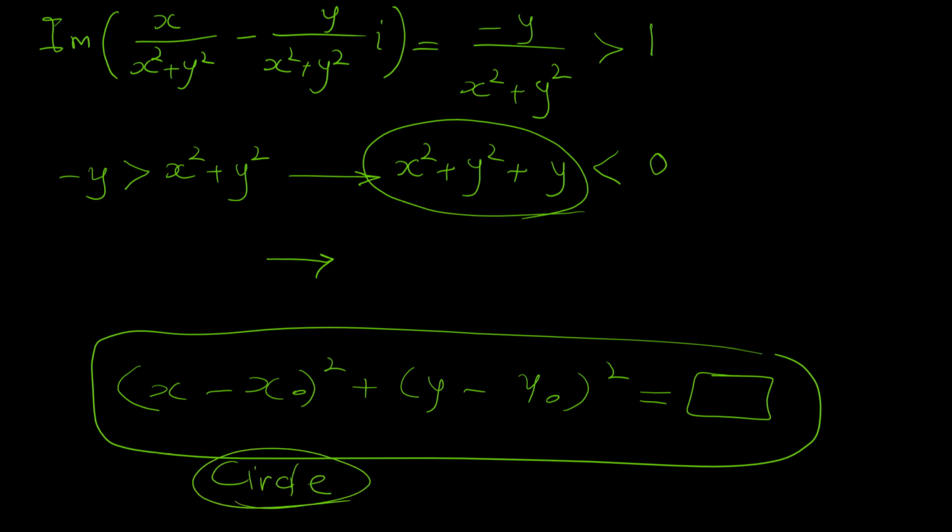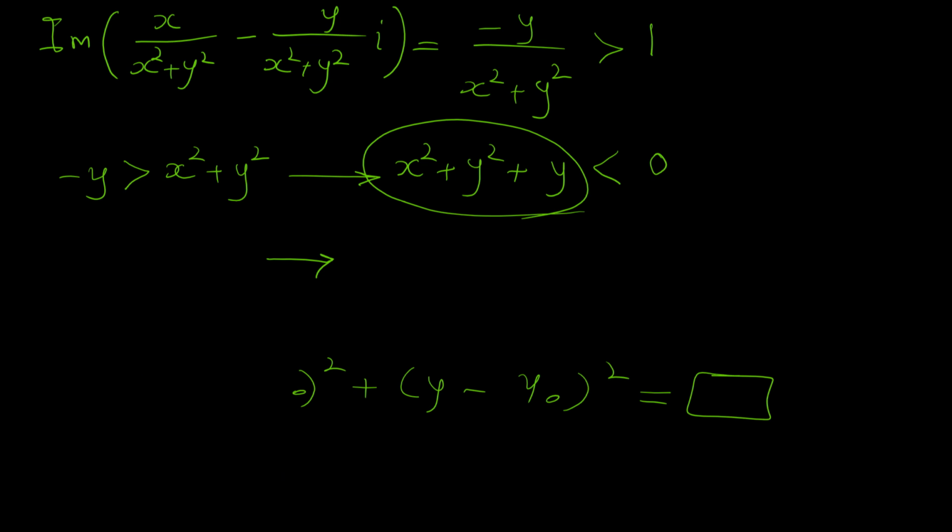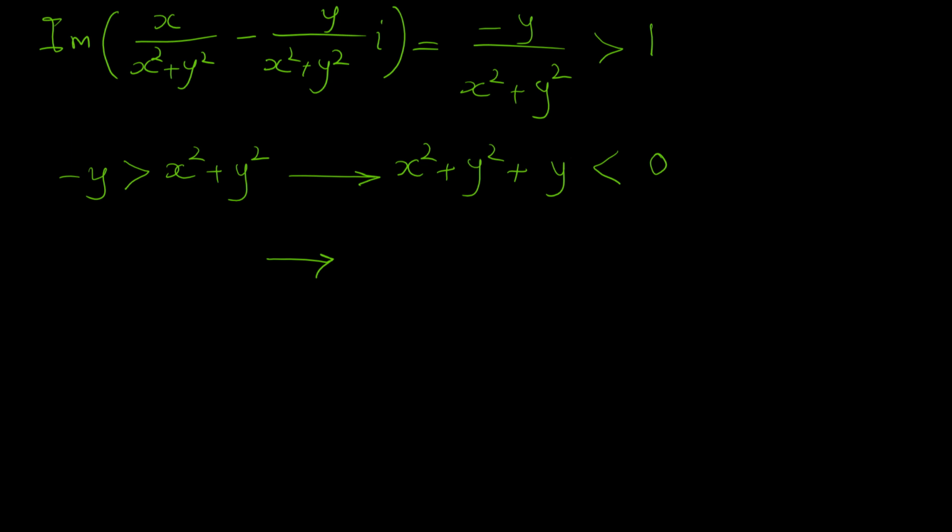If you remember, we talked about this before in this video. And how do I know that? What I am seeing here in this equation is x2, y2. This reminds me of the equation of a circle.